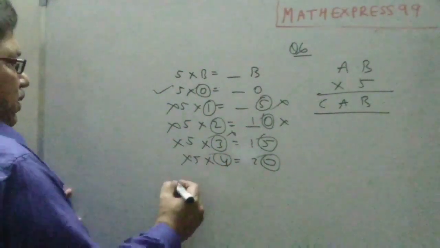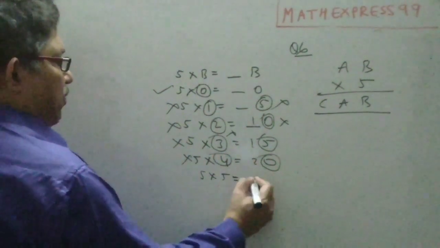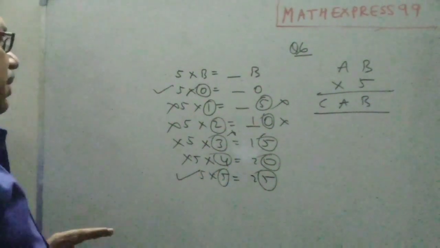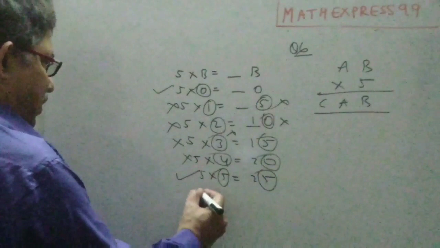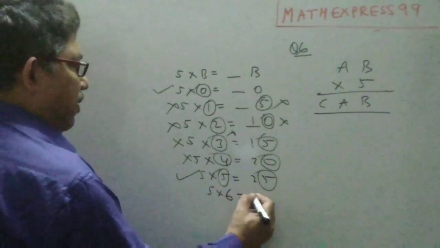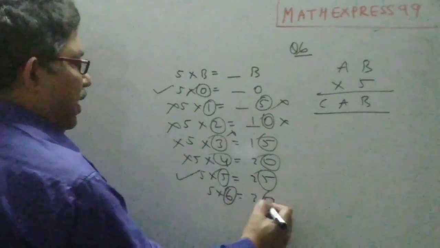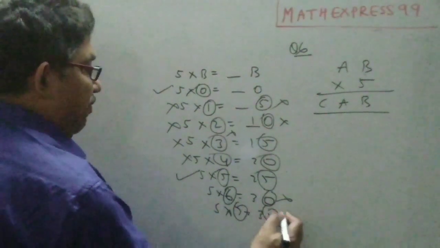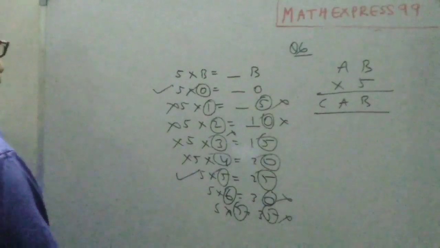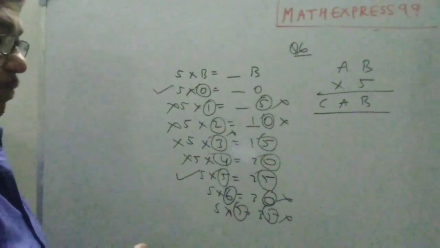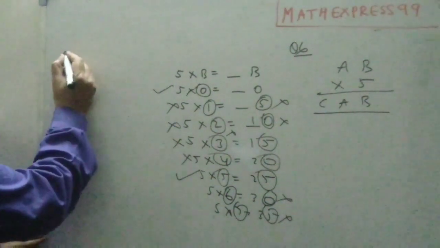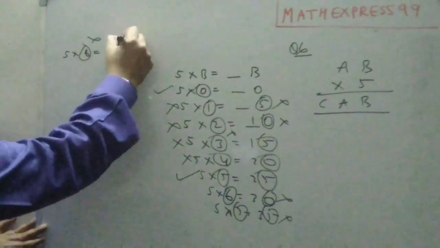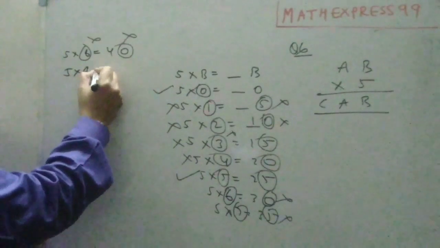5 into 5 is 25. Yes, these two are same. Same way 5 into 6, 30. So they will not work. 5 into 7, 35. 7 and 5 don't work. 5 into 8, 40. That also doesn't work. 5 into 9 is 45 and they are also not same.